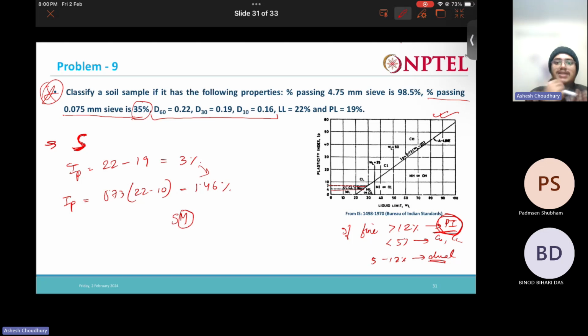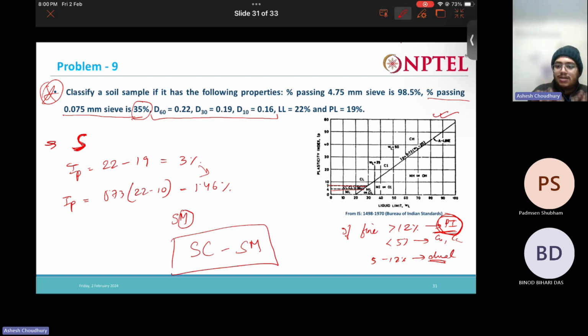If the plasticity index actually falls between 4 and 7%, then we need to have dual classification. That is the boundary case. Understood? So the final classification can be SC-SM like this.